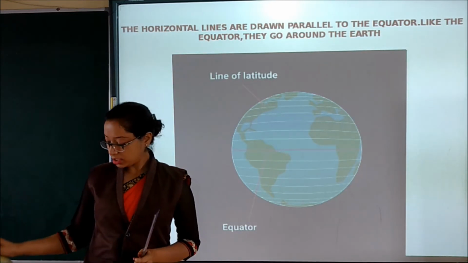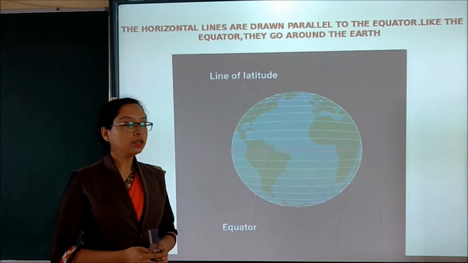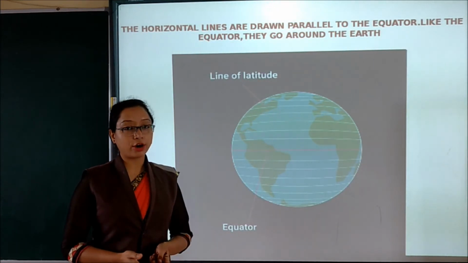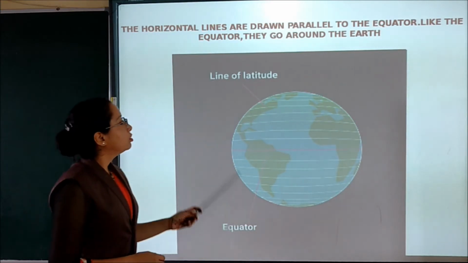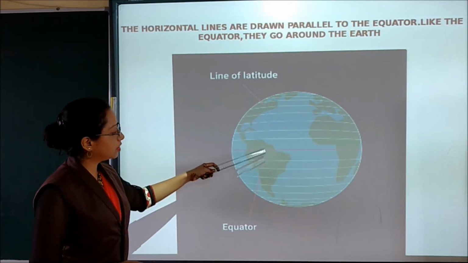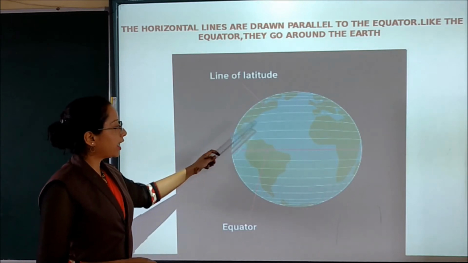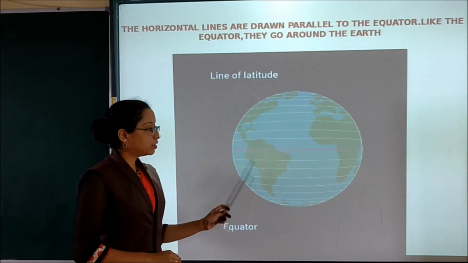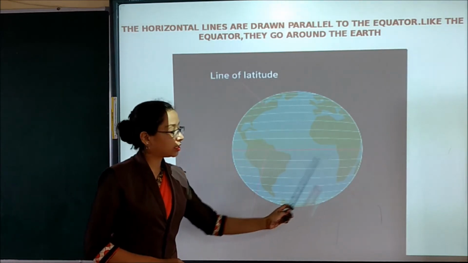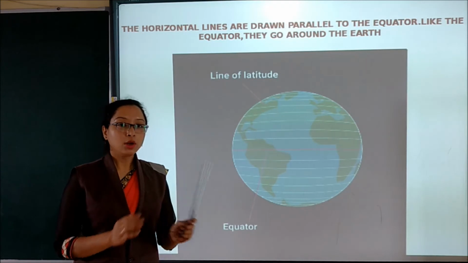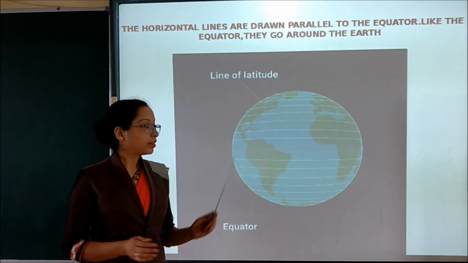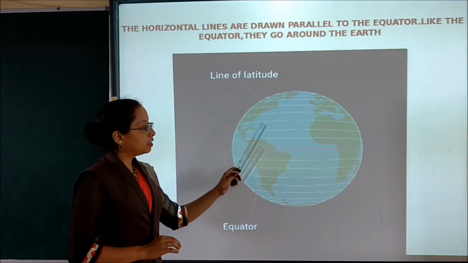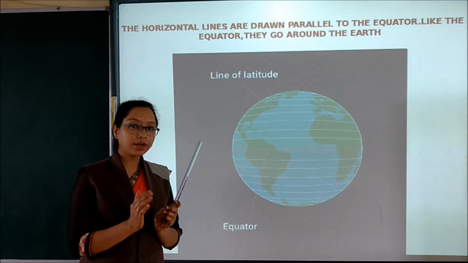They are called latitudes or parallels. Here in the middle there is the equator and these are lines of latitude. The equator is the longest latitude. And as we move towards the pole, the latitude's size decreases.